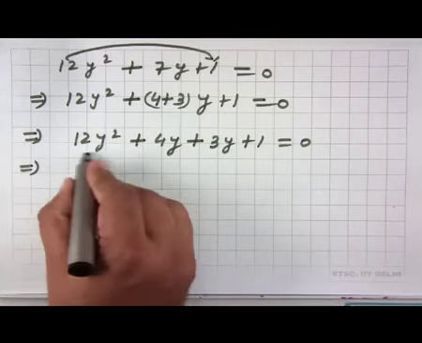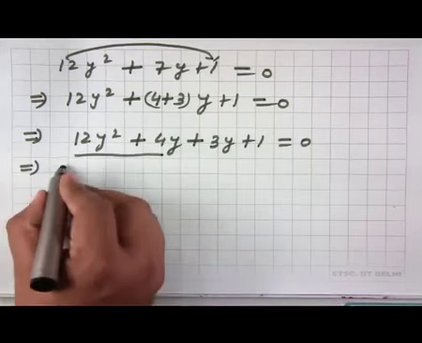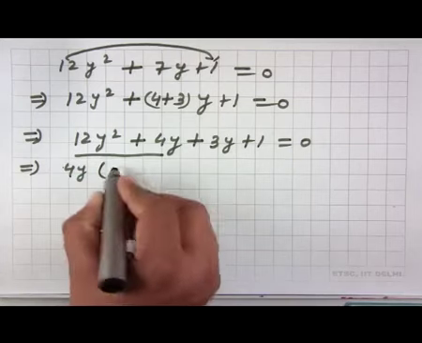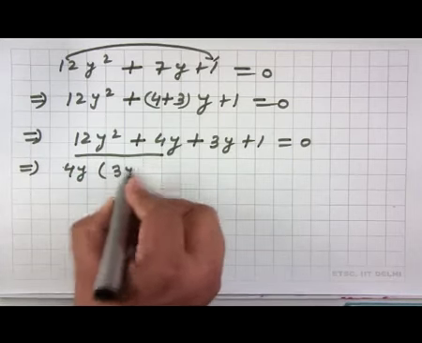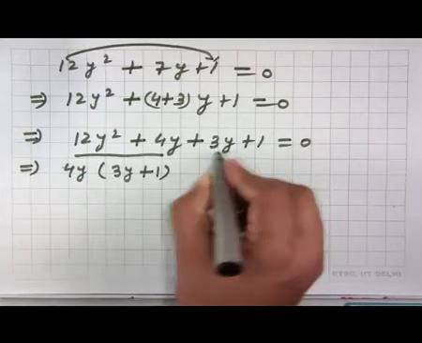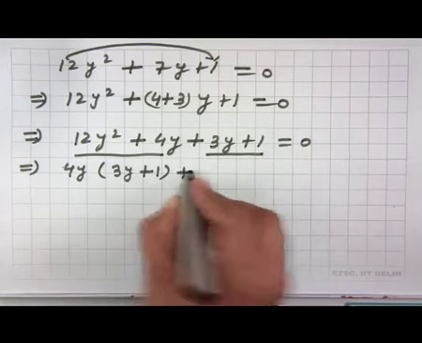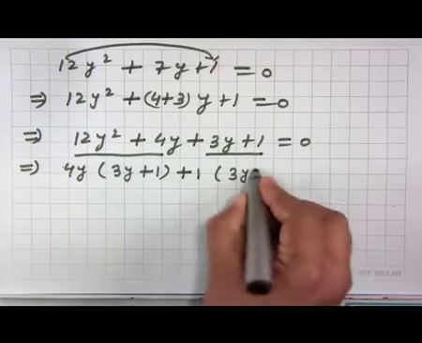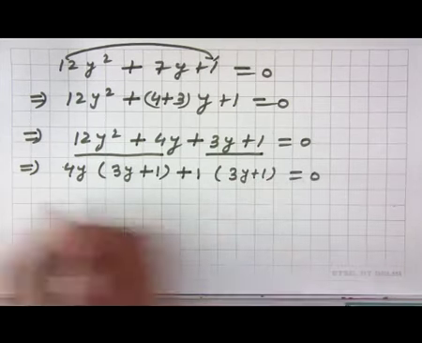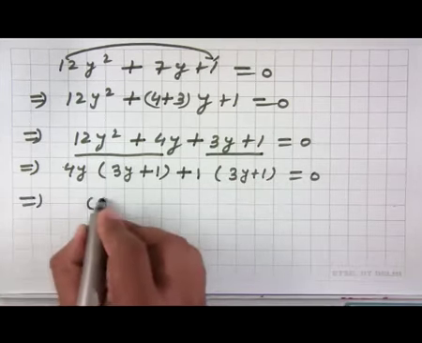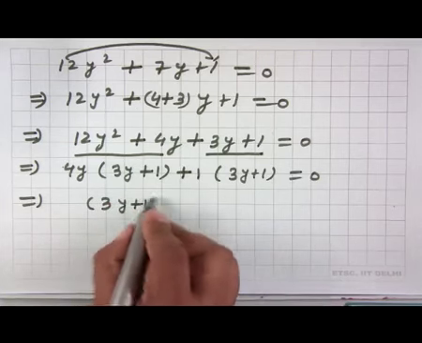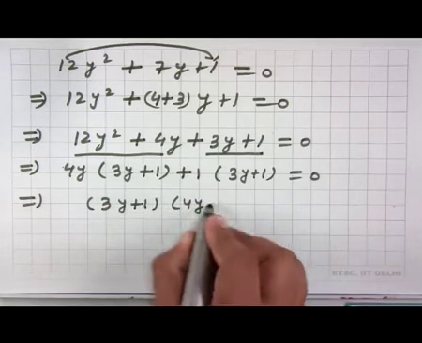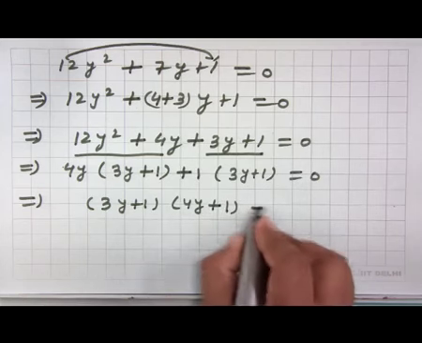Now, we can take 4y common in the first two terms, it will be 3y plus 1, and take plus 1 from the last two, so 3y plus 1 equals 0. It will be 3y plus 1 and 4y plus 1 equal 0.